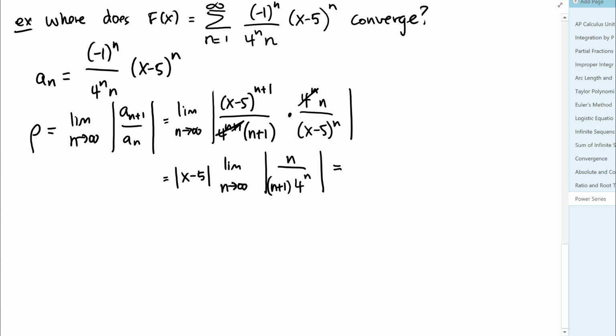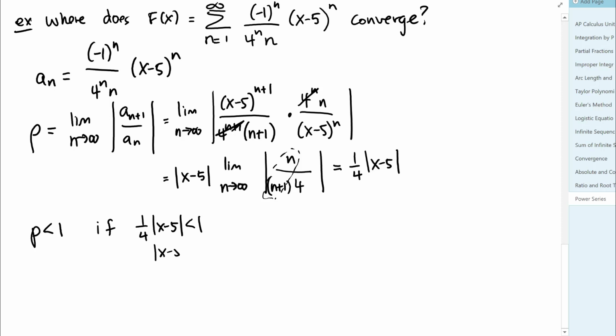When we cancel this properly, this piece here will become 1, the quarter comes out, so we get one quarter absolute value of x minus 5. And so this ρ will be less than 1 if one quarter absolute value of x minus 5 is less than 1, which is x minus 5 being less than 4.